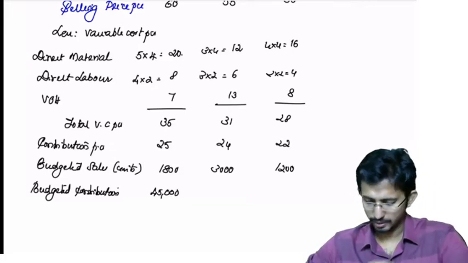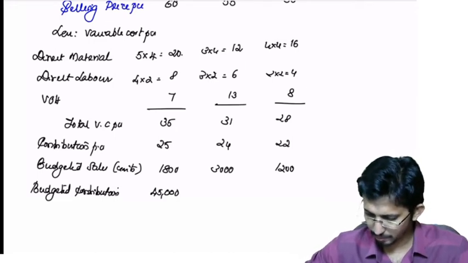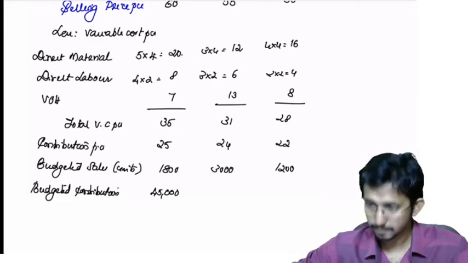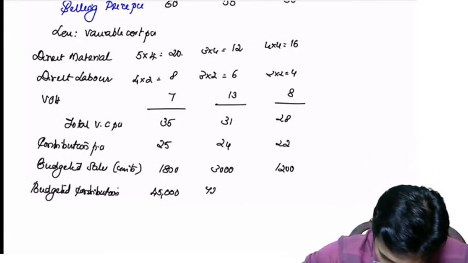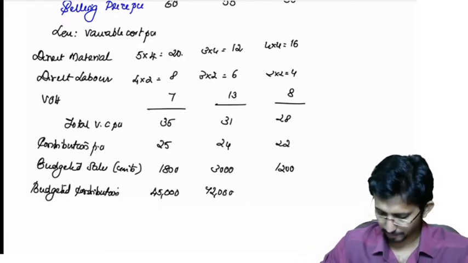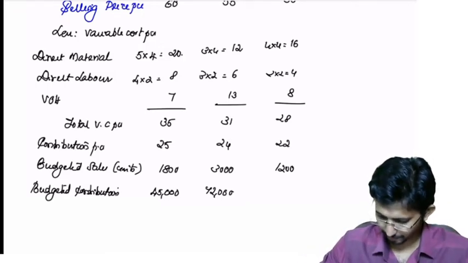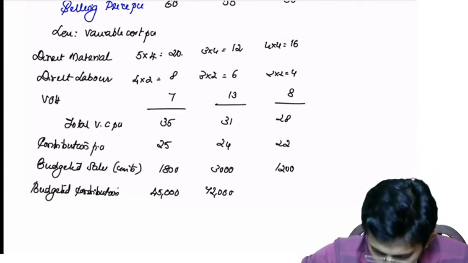Okay, then 24 into 3000, that is 72,000. 22 into 1200 will be 26,400.